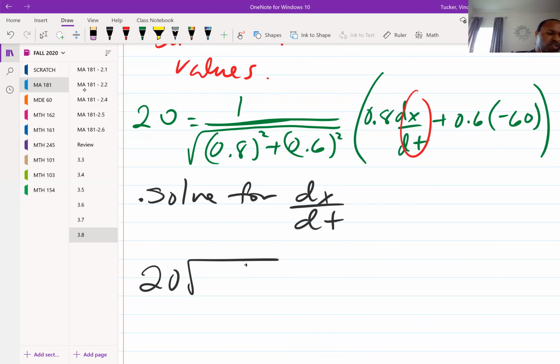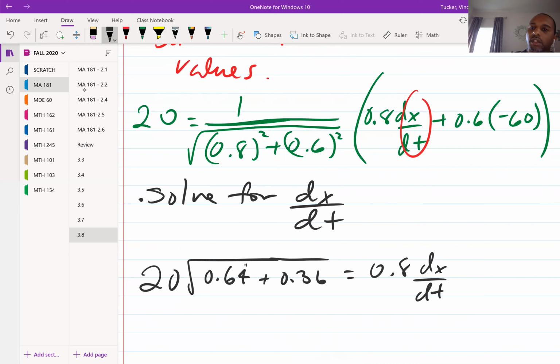So that's 0.8 dx/dt, and that's minus 36.